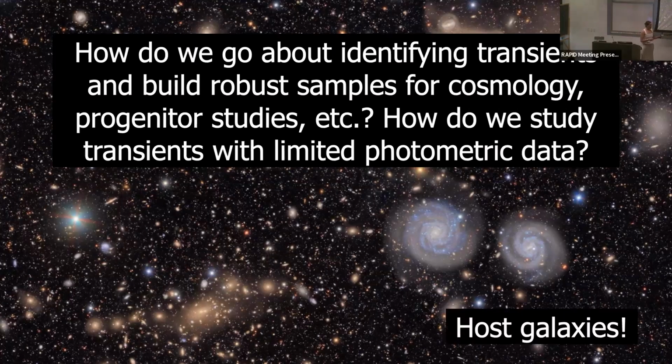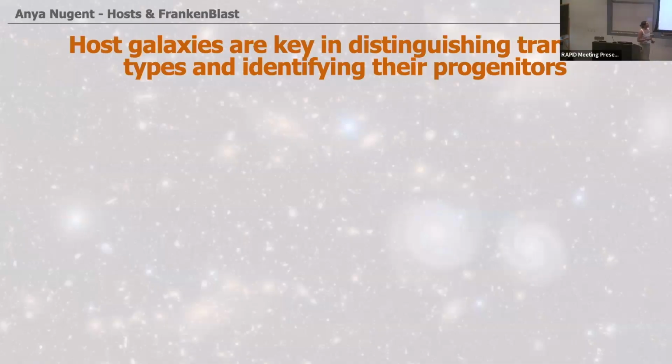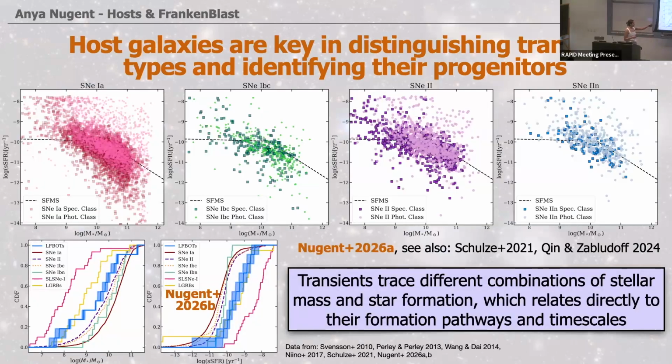And I strongly advocate for the usage of host galaxies to do both of these things. This is because host galaxies have really been key in distinguishing transient types and identifying their progenitors. One way we can see this is by looking at how different transient populations track star formation and stellar mass, which is what I'm showing in these plots.